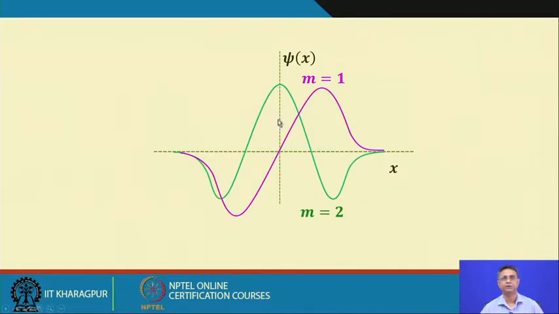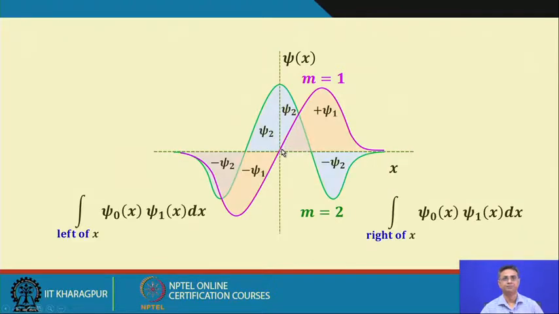For example, if we take m equal to 1, the first antisymmetric mode, and the second symmetric mode, m equal to 2, which has a field distribution like this, and again compute the overlap.